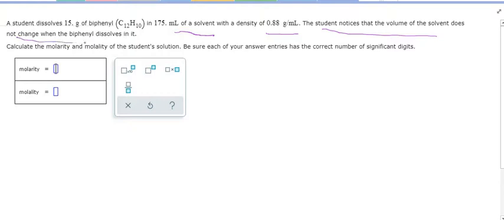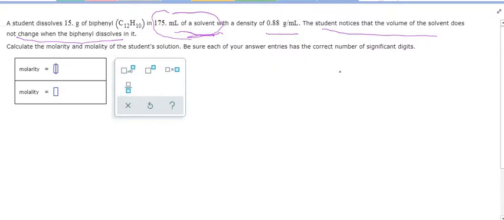That is just not a true statement, but for ALEKS to get their question asked in this way, it's just what they had to say. So the key to the molality part is to recognize that when we're doing kilograms of solvent, this is the actual number that we're going to use. If you watch the other video, you'll see the way that everybody else in the world does it, but this is the way that ALEKS does it.